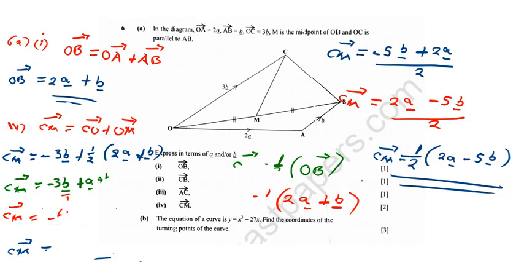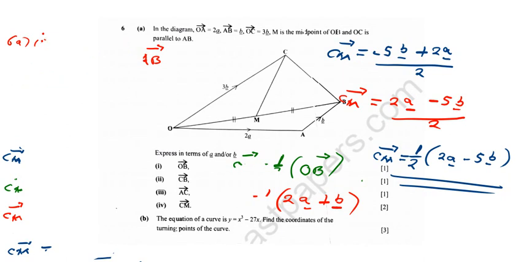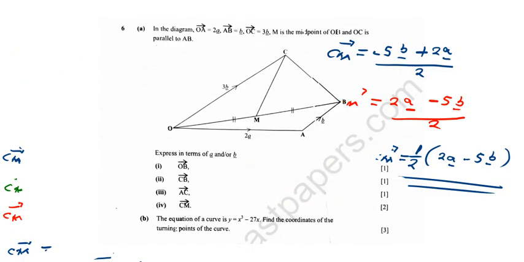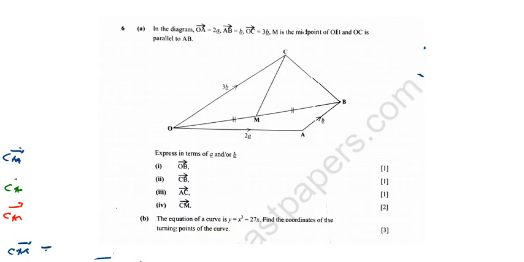So part B says the equation of a curve is y is equal to x to the power 3 minus 27x. Find the coordinates of the turning points. So finding the coordinates of the turning points of that equation, what we do first is we have to differentiate that line of ours.